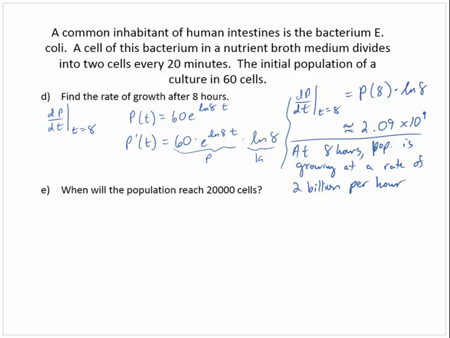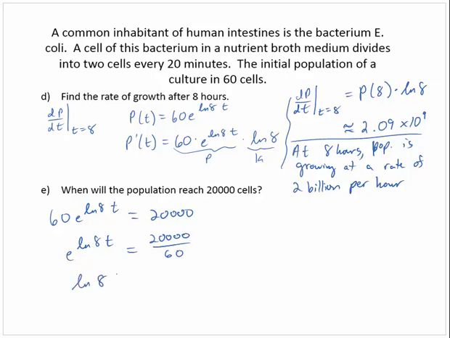When will the population reach 20,000 cells? So you take your original function and set it equal to 20,000. So 60 e to the natural log 8t equals 20,000. And we solve this for t. Dividing through by 60, e to the natural log 8t is equal to 20,000 over 60. Apply the natural log.